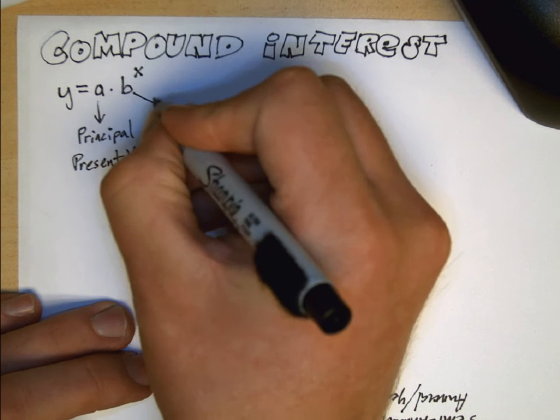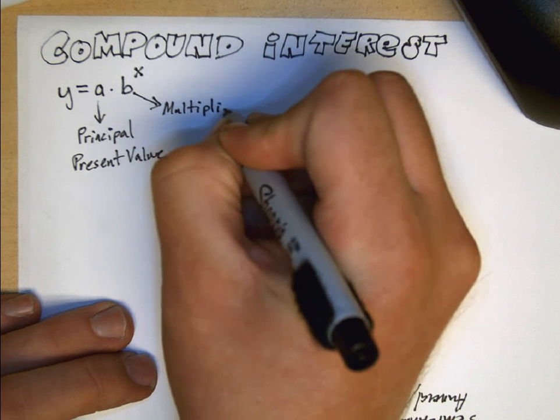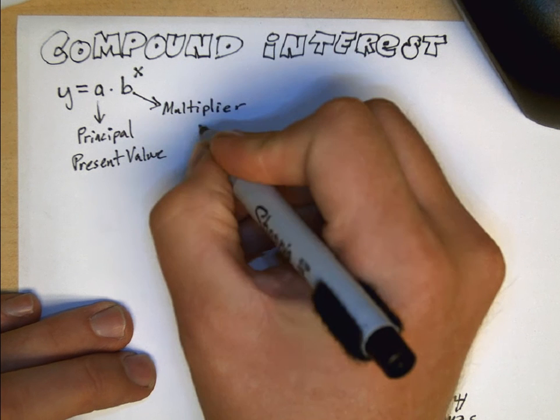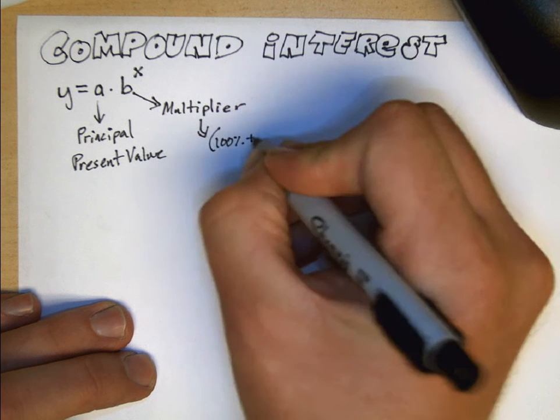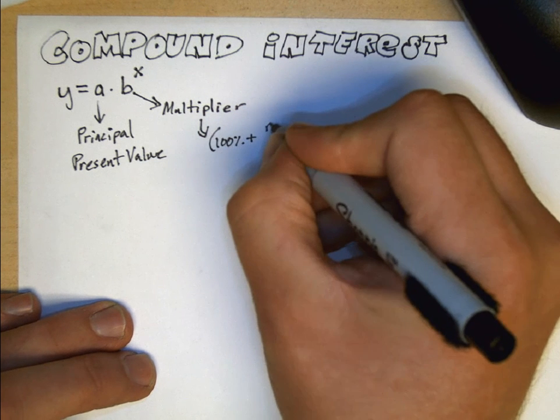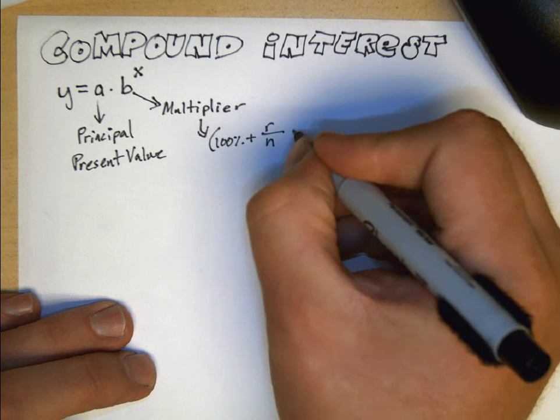B is our multiplier, and in this case the multiplier looks a little fancy, but really it's just 100% plus our rate divided by n compounding periods per year. I know that's a little weird.